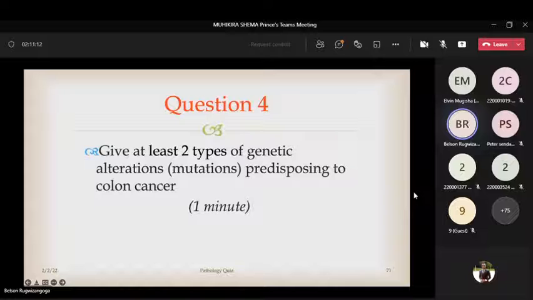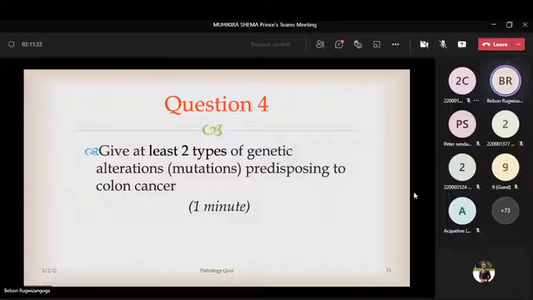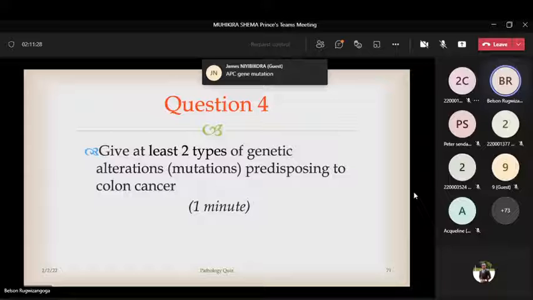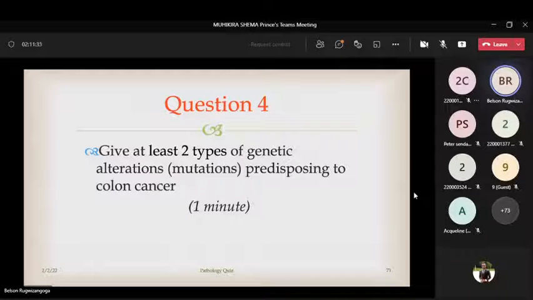Any other? This is Aquiline who replied. So you read, but as I said, for the familial predisposing genetic alterations, we have seen adenomatous polyposis coli in patients with familial adenomatous polyposis, and then we have hereditary non-polyposis colon cancer.